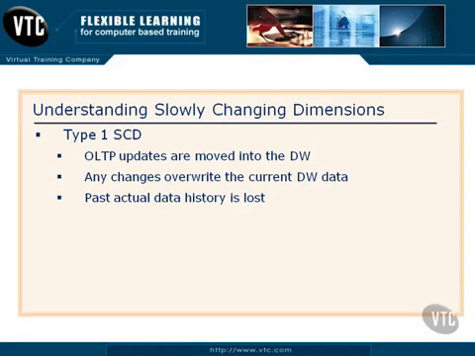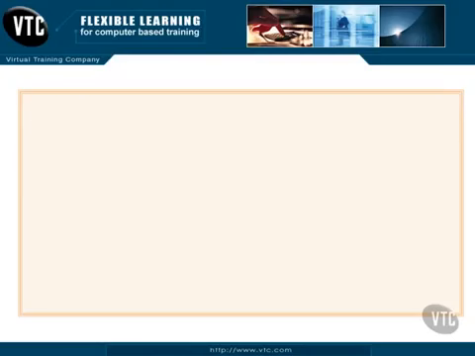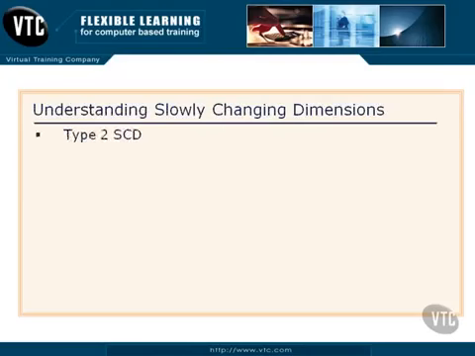So you want to watch for this, and that would be your flag on the exam. If the past actual data history being lost or overwritten is no big deal, then you can certainly use a Type 1 slowly changing dimension because this is, number one, going to be the simplest thing to do. You don't have to change anything about the structure of your dimension table, and everybody's happy, and we just keep pumping the data in.